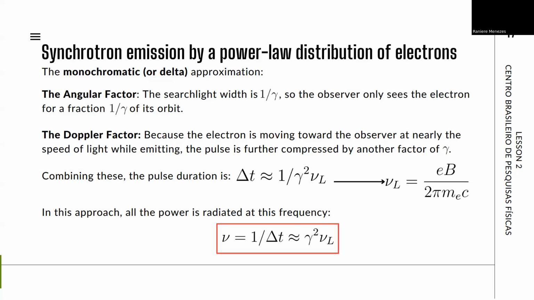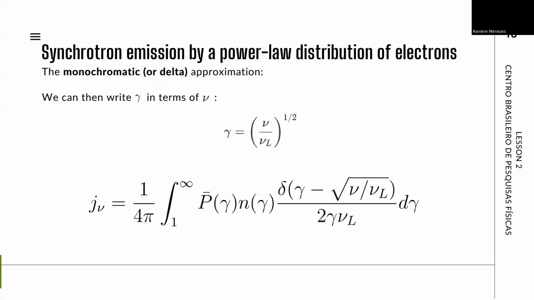So the observed frequency will be gamma square times the Larmor frequency. We will assume that all the power emitted by the electron is at this frequency. This is what we call the delta or monochromatic approximation.